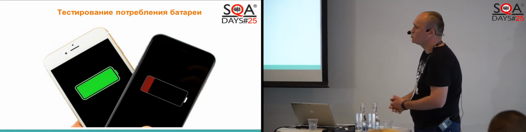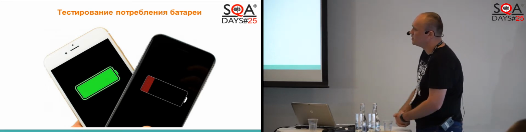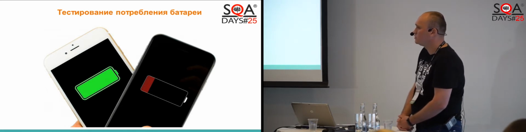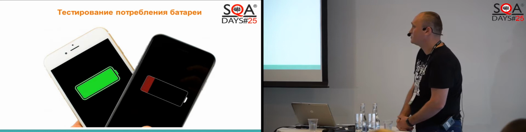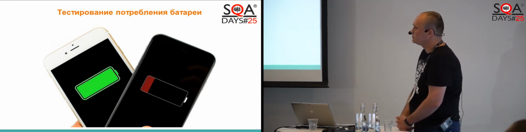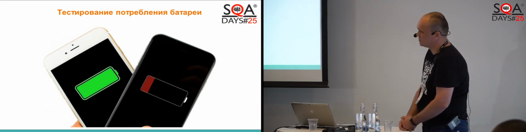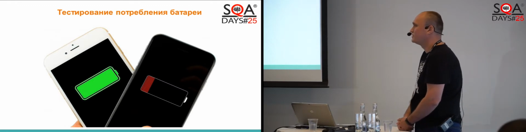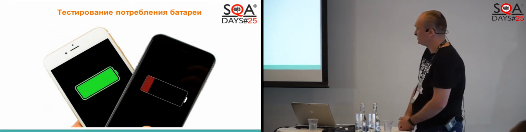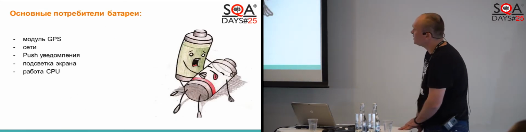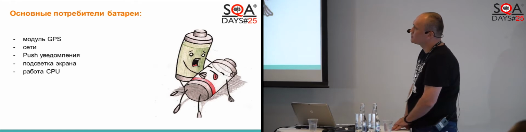Every user which has a mobile device wants to make the periods between charging cycles to be as long as possible, because not every user has access to charger all the time. So that's why if the battery doesn't last long, then the mobile device will just be discharged very quickly. So that's why we have to check how much battery the application consumes.